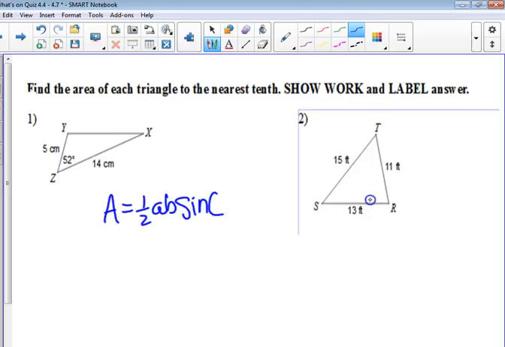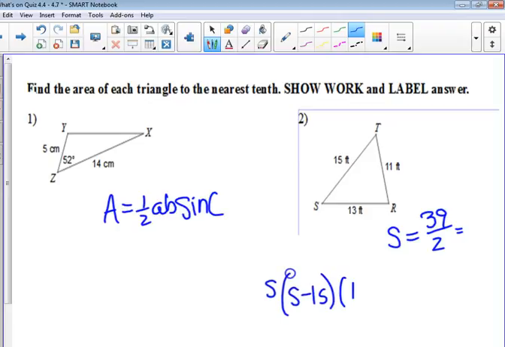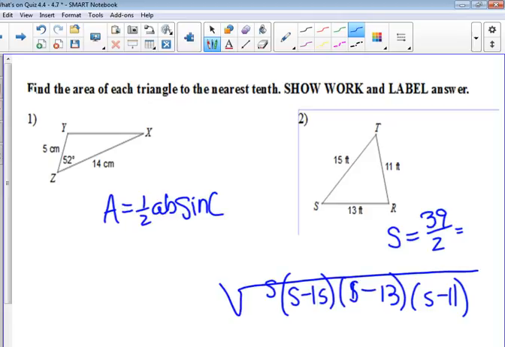Okay. This one area again, so you would use what? Okay. So you would add them all up. 28, 39 maybe. And then you have to divide by 2 because S stands for semi-perimeter or halfway around. Okay. And then you would take that number and multiply it by that number minus 15, by that number minus 13, by that number minus 11, and then you'd square root all that disaster.